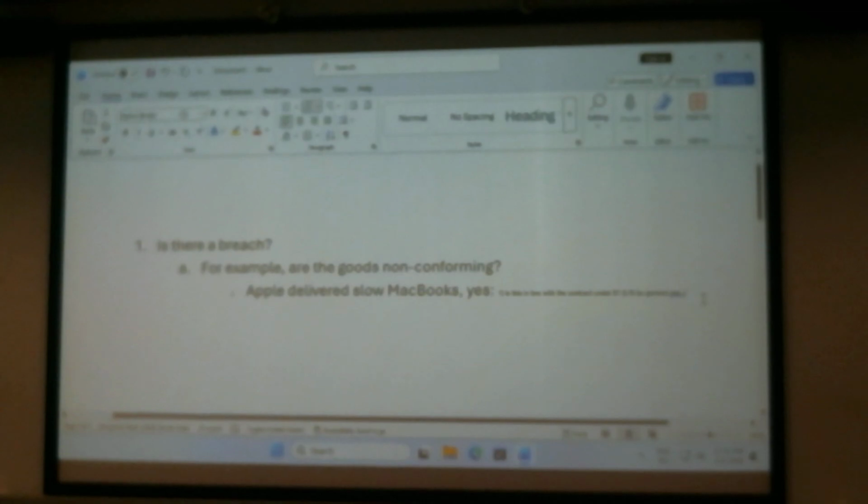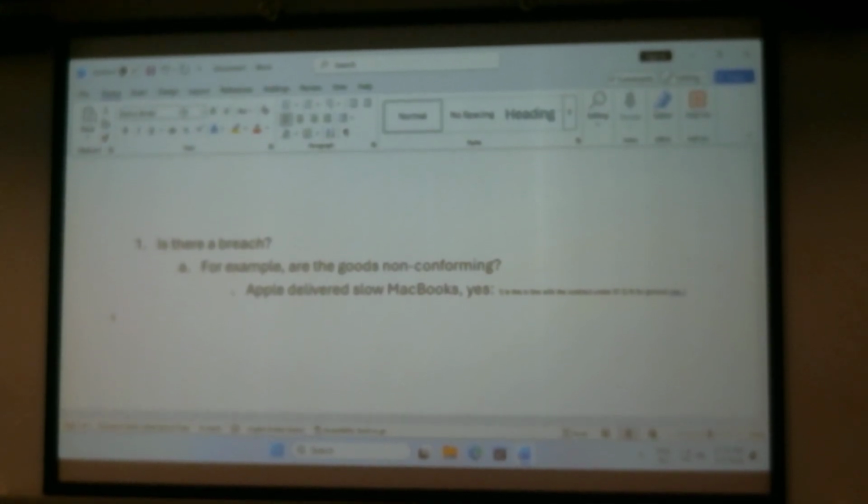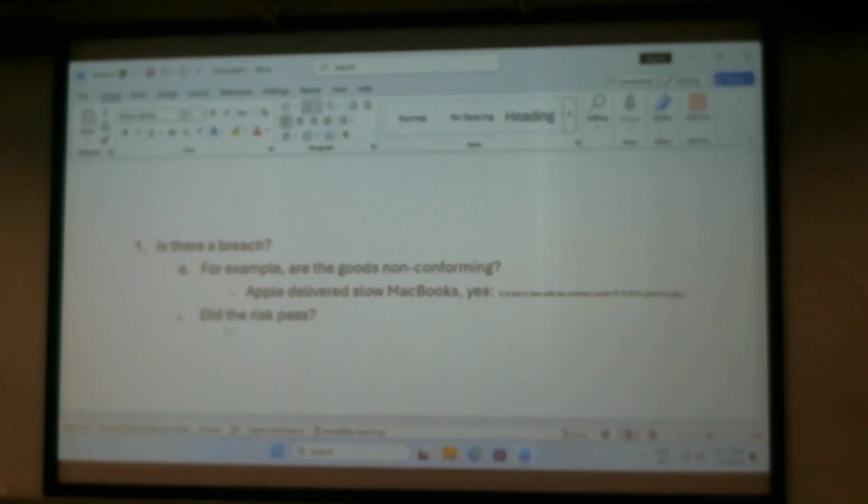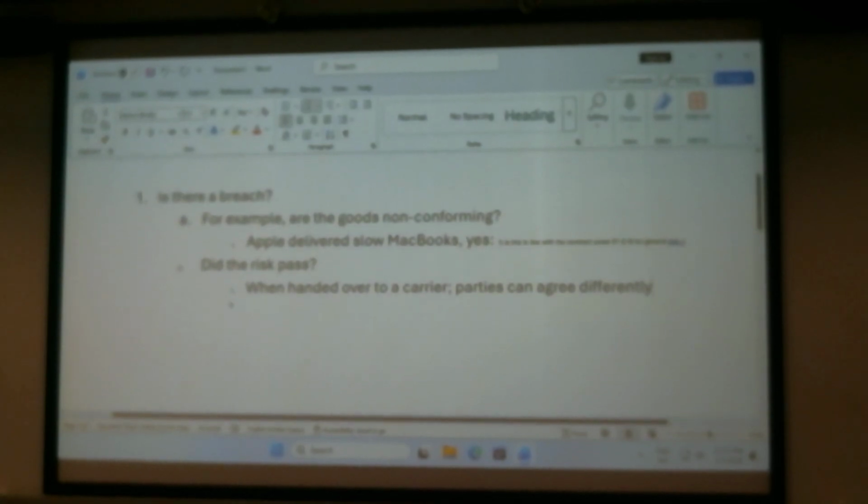The second question relevant there would be, did the risk pass? When handed over to a carrier, parties can agree differently. So where does that put us? That is basically the summary of what I've done up there.